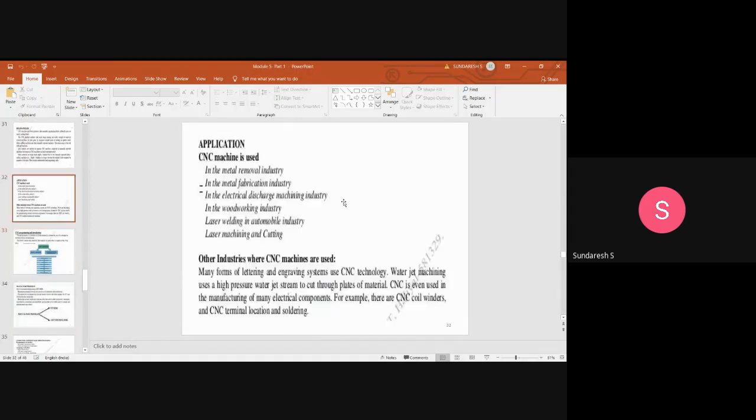Coming to the applications, CNC machines are used in the metal removing industry, in the metal fabrication industry, in the electrical discharge machining industry, in the woodworking industry, and laser welding.